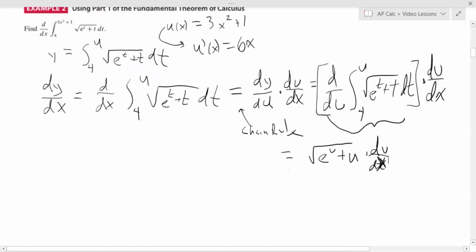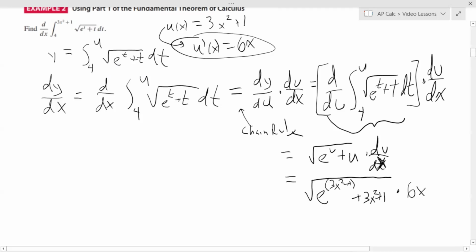Now, we have to get everything in terms of x. So this is going to be the square root of e to the 3x squared plus 1, plus 3x squared plus 1, because it's e to the u plus u, times the derivative of u, which is 6x.